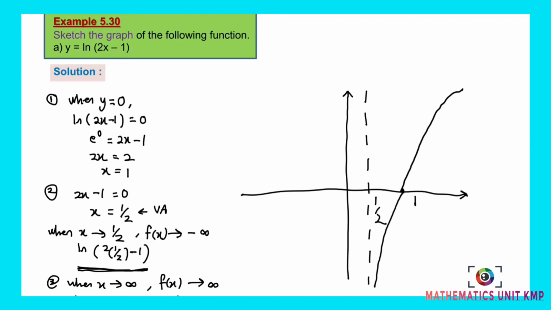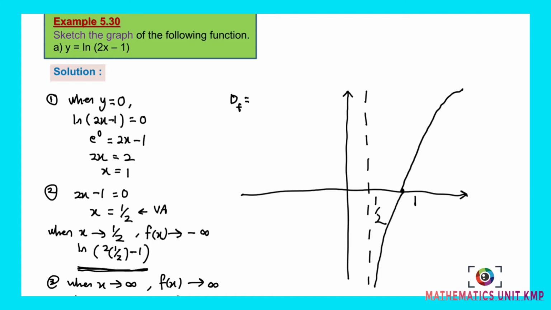So last kali dia tak minta domain and range, tapi kita belajar je. Okay, so for ln atau logarithm, the domain is by referring to the vertical asymptote. Tengok kiri atau kanan vertical asymptote tu.